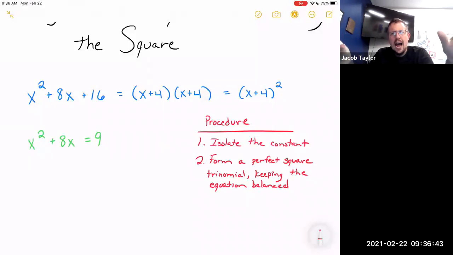So I already know what the perfect square trinomial is going to look like here because I just wrote it as x squared plus 8x plus 16.